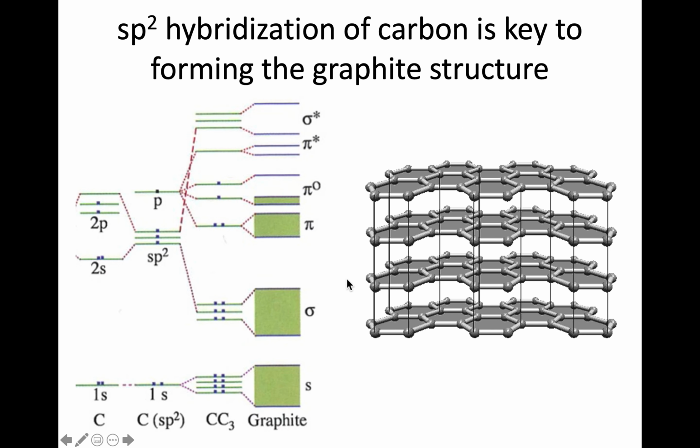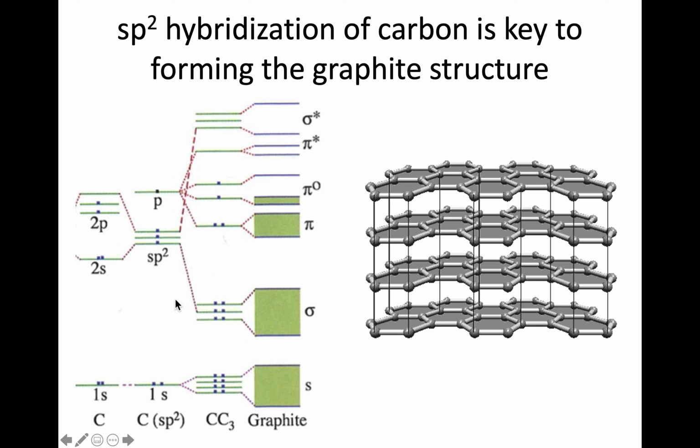So let's again look at the energy diagram for carbon. So here it's on the left side, same structure. When we hybridize, we leave 1 p behind and we form sp2, each one of those half filled along with this. And again, we're going to ignore the 1s because it's full.